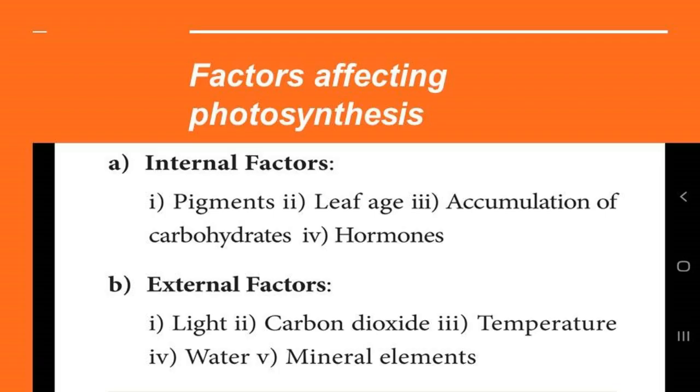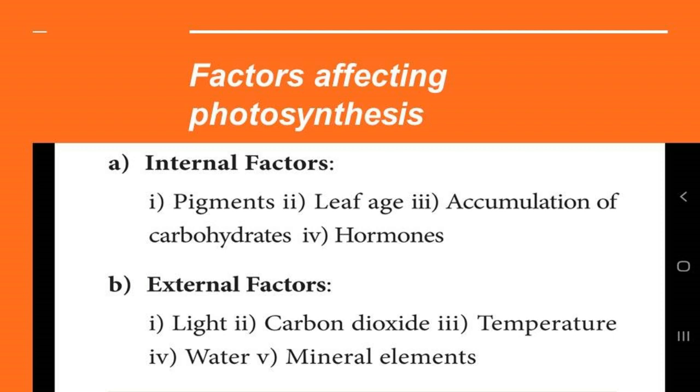Next, we are going to see the factors affecting photosynthesis. There are two factors which affect photosynthesis. One is internal factors and the next one is external factors. Internal factors, there are four: pigment, leaf age, accumulation of carbohydrates and hormones. The lacking of all these affects photosynthesis.